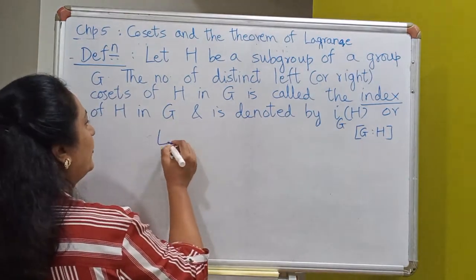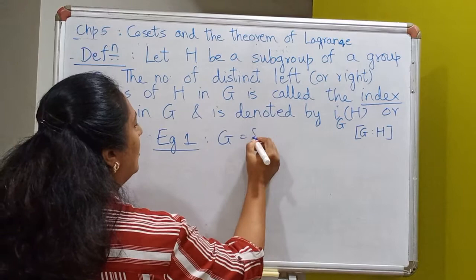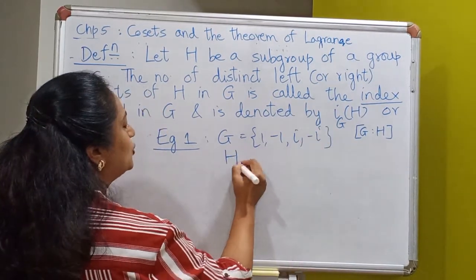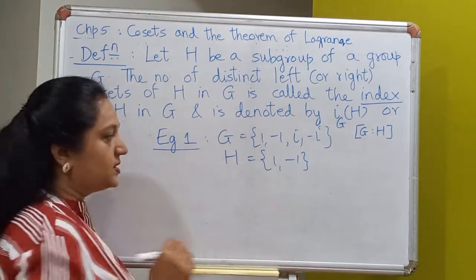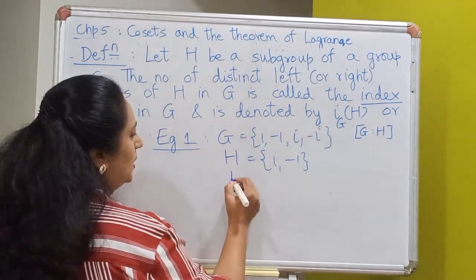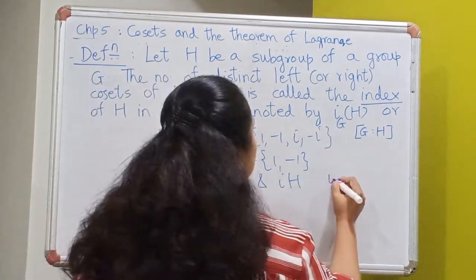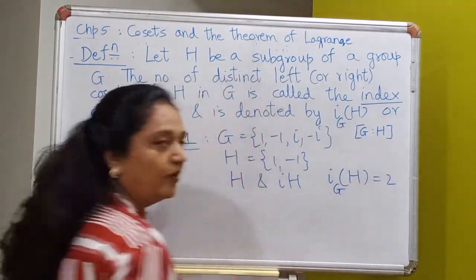So if you look at the first example where we took the group G equal to 1, minus 1, I, minus I, and we took H to be the subgroup 1, minus 1, we get precisely two distinct left cosets, H and IH. So for this subgroup, the index is equal to 2.